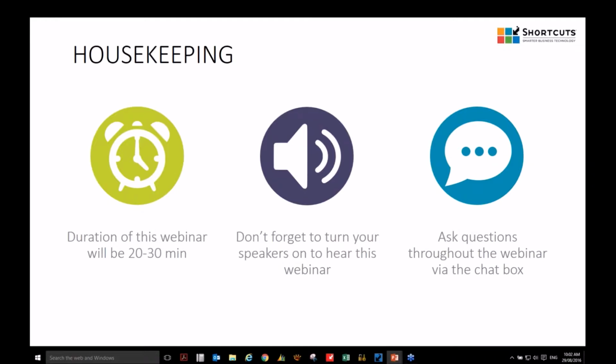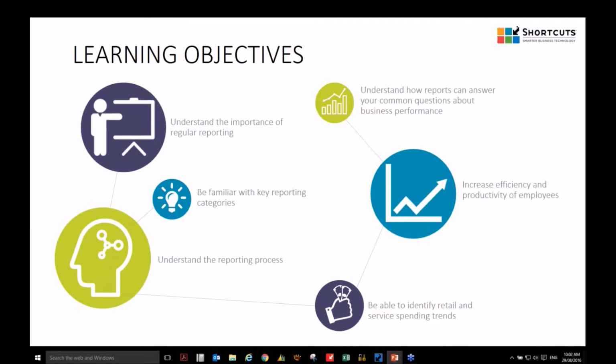All right, so let's just talk about some objectives today. Learning objectives: we're going to talk about a few things today, basically the understanding of regular reporting and why it's important. We'll go through those processes and those key reporting categories that are going to help you identify retail and service spending trends, which will then help you increase efficiency.